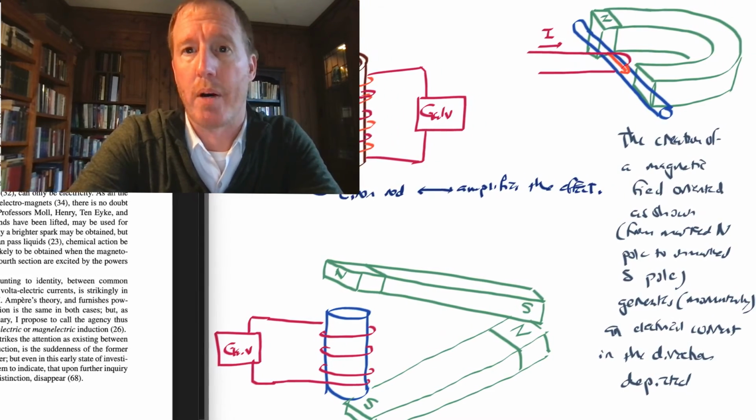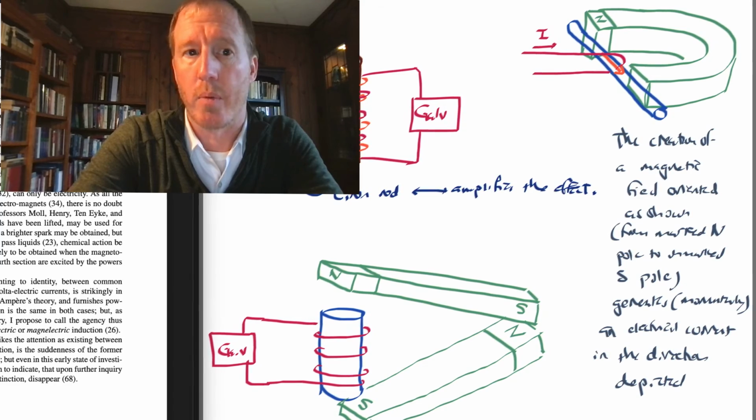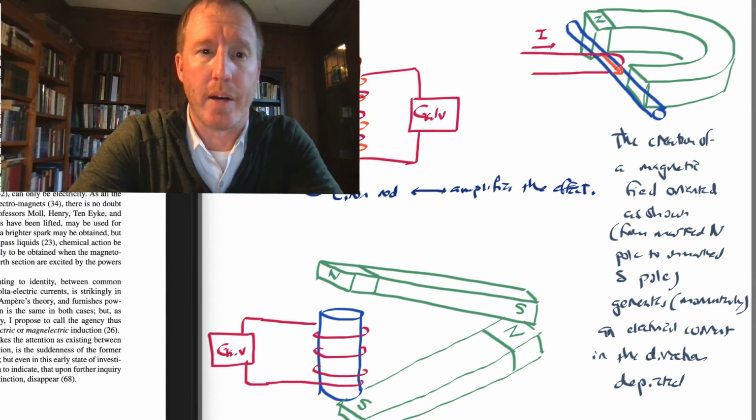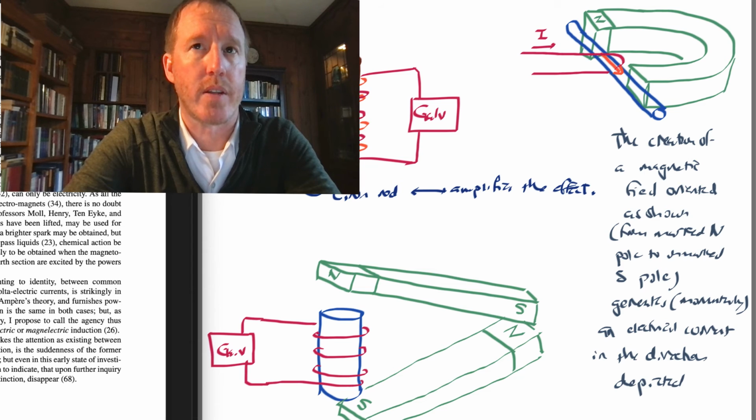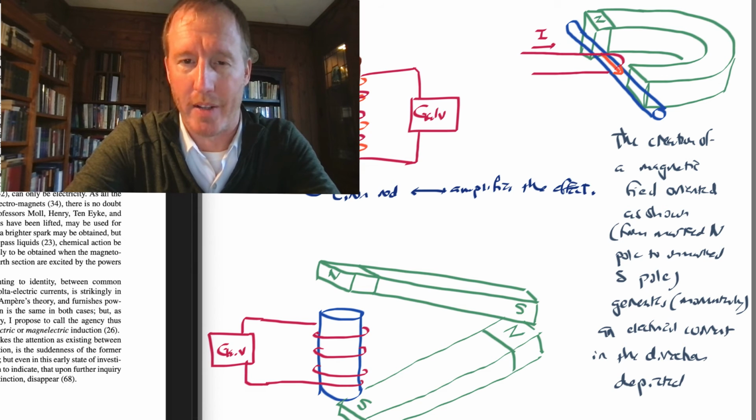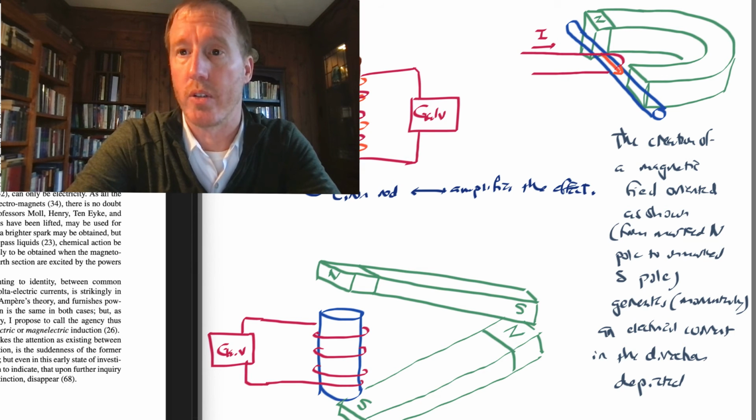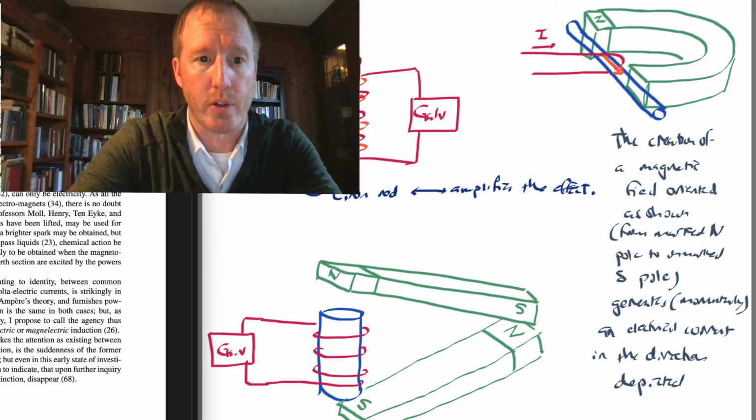First of all, by showing that a frog leg attached to them would suddenly jump. Another way that he mentions is by touching the wire to your tongue. And when you touch it to your tongue, you can feel it tingle. As it ends up, your tongue is a very sensitive measuring device for electrical currents. If you've ever perhaps licked the terminals of a battery, I don't recommend this, but if you do, you might feel a little tingle as the electrical current passes through your tongue.